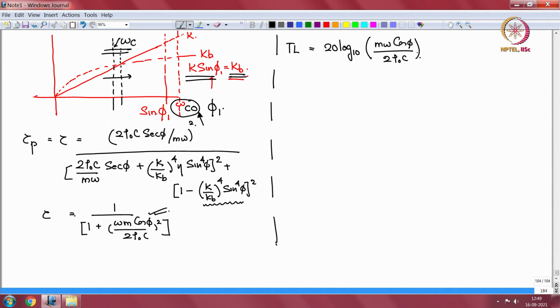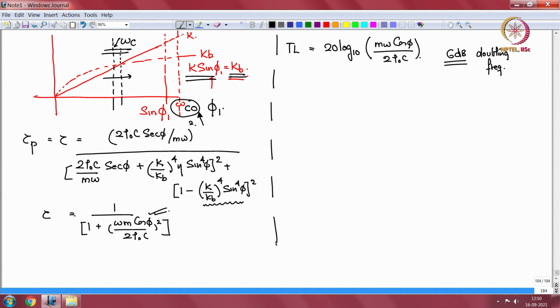You can see this is again the 6 dB increment per octave, or doubling of frequency. This is the mass law.